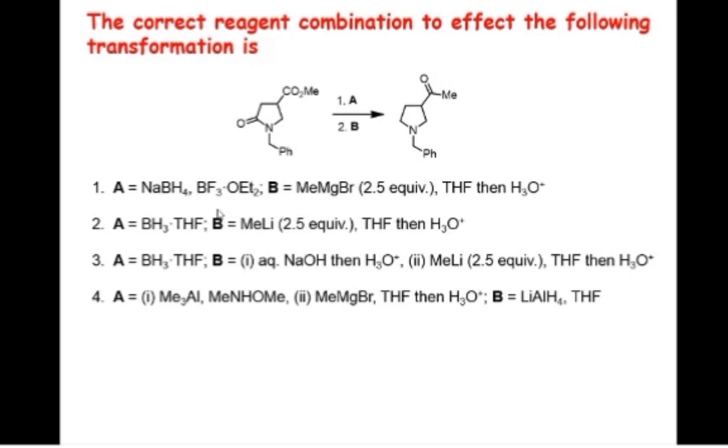Take 1 or 2 minutes as per your wish and try to solve this particular question. Which option is correct?